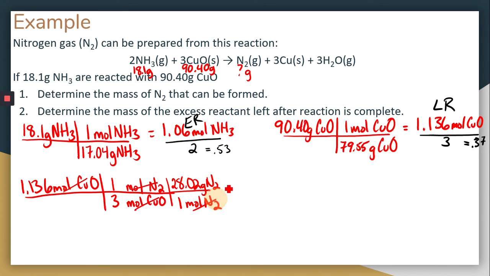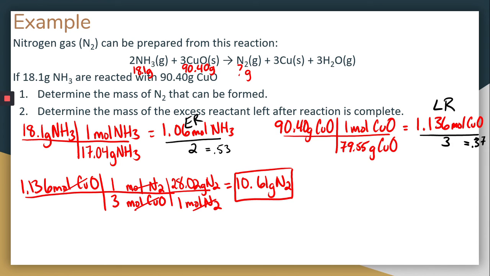So moles would cancel. We're going to take our moles of CuO, divide by 3, and then multiply by 28.02. Keeping our sig figs, we have 10.61 grams of nitrogen.